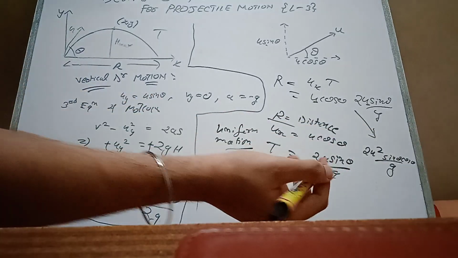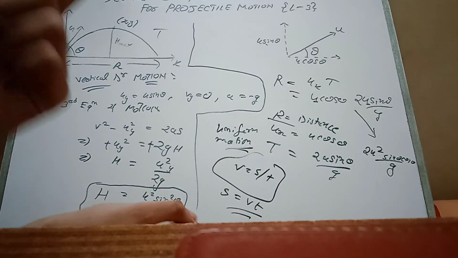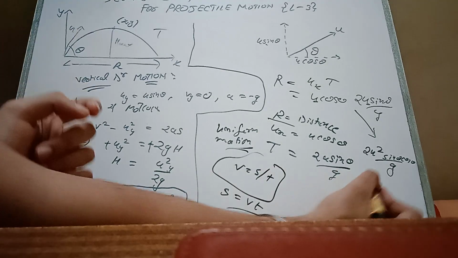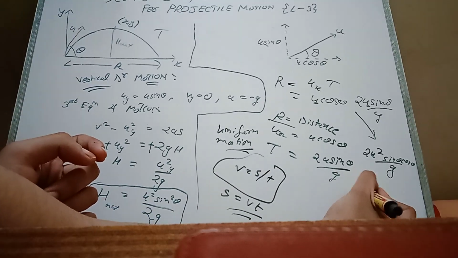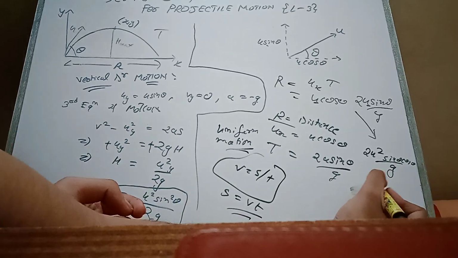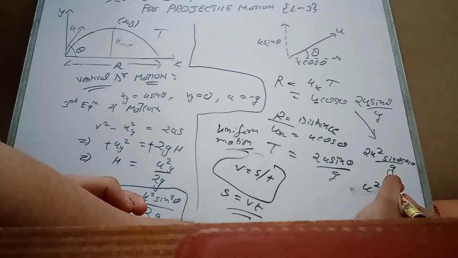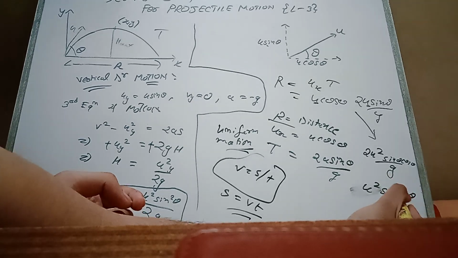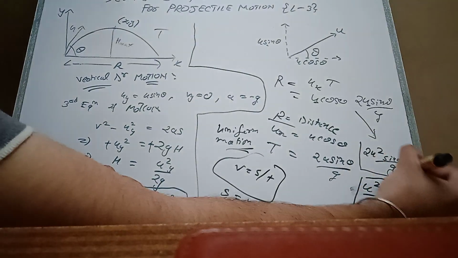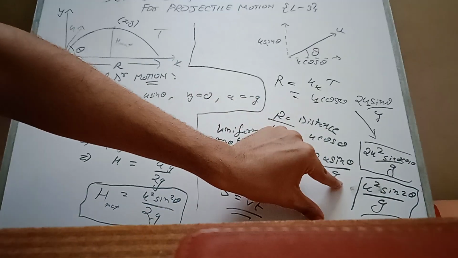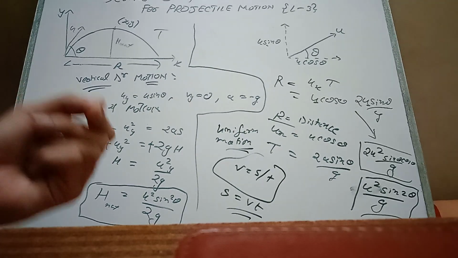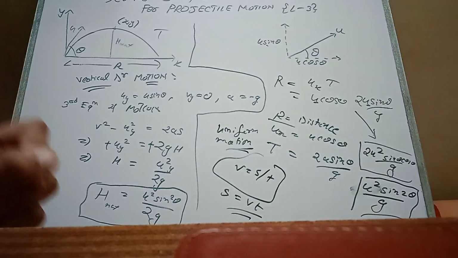You can also write this, but if you know a little bit of trigonometry, then you can also write it as u square sin 2 theta upon g, and this is the range formula. This is also the range formula. 2u square sin theta cos theta upon g, or you can write u square sin 2 theta upon g.